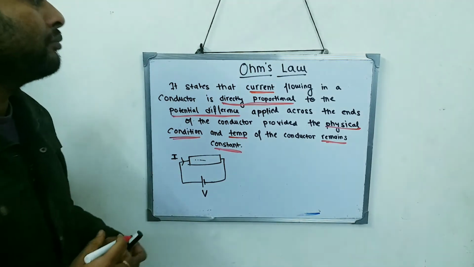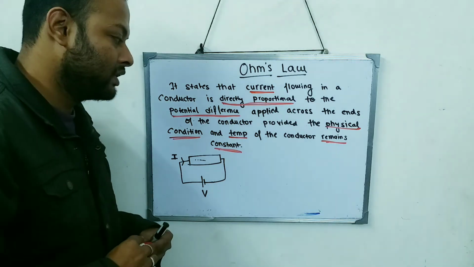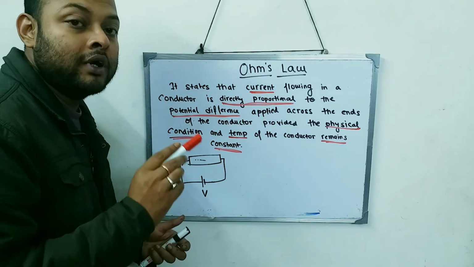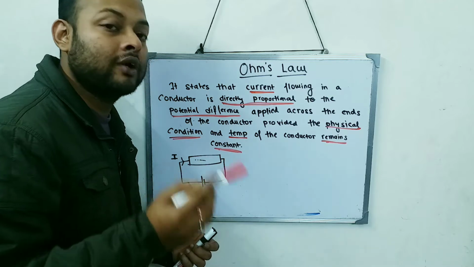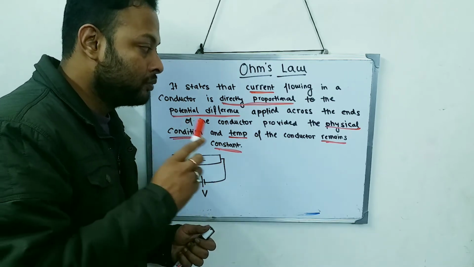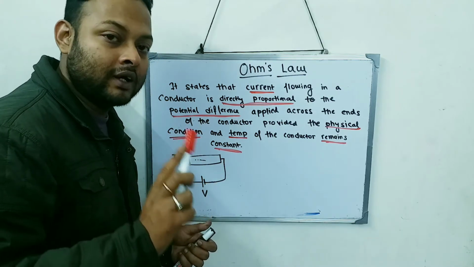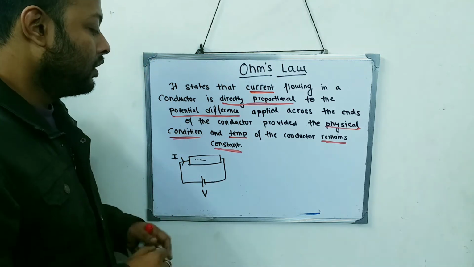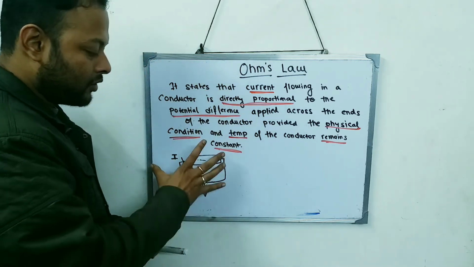These are some important keywords in the definition. Remember, if the question comes in the exam, what is Ohm's law, write the exact definition to get full marks. And to understand this, I have drawn a little diagram.